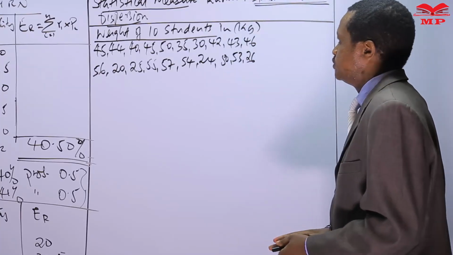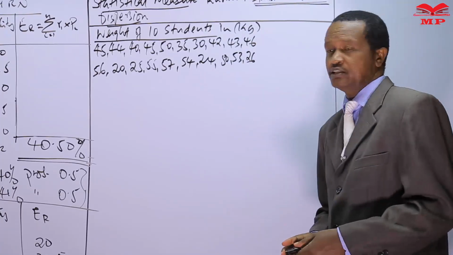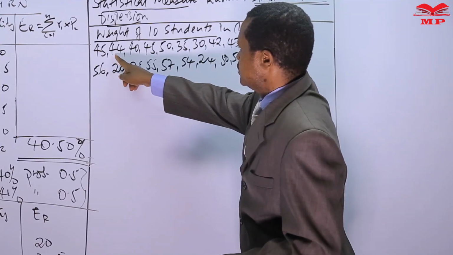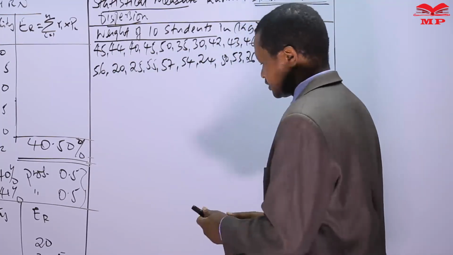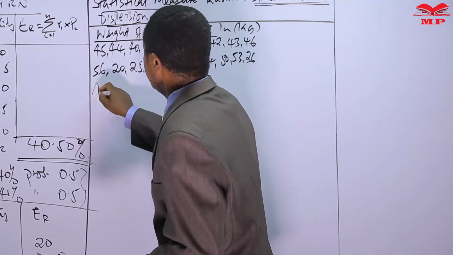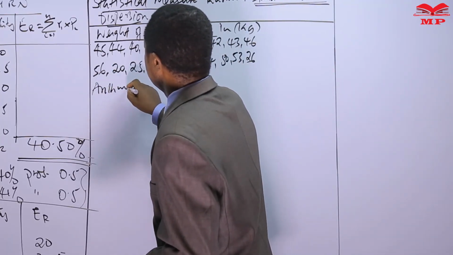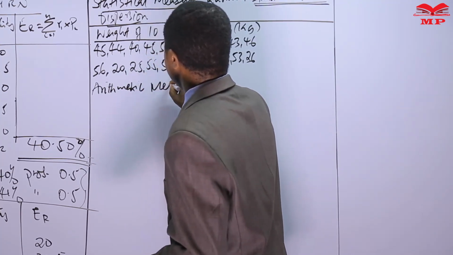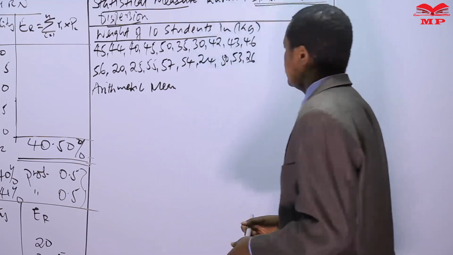So, how do you determine the standard deviation for this set of students and the other set of students? First, we determine the arithmetic mean of the first set.